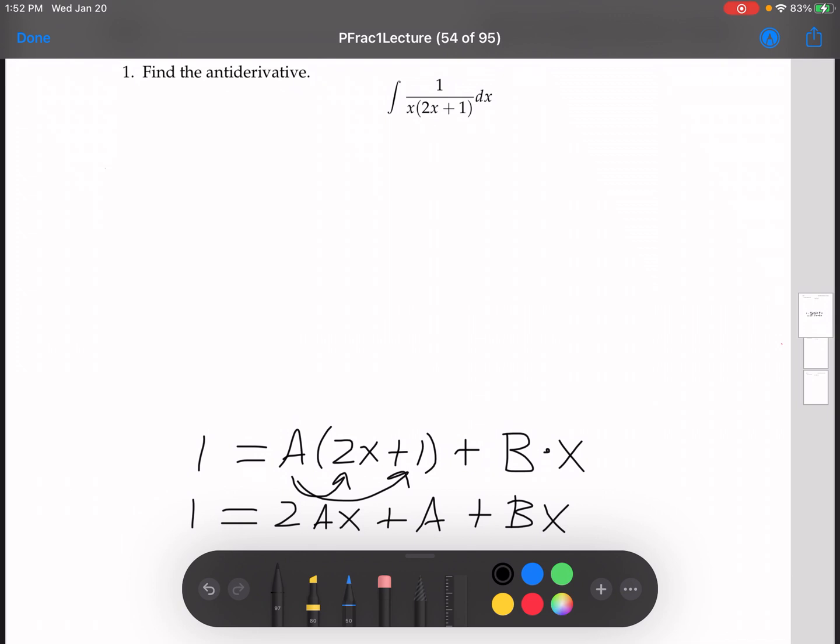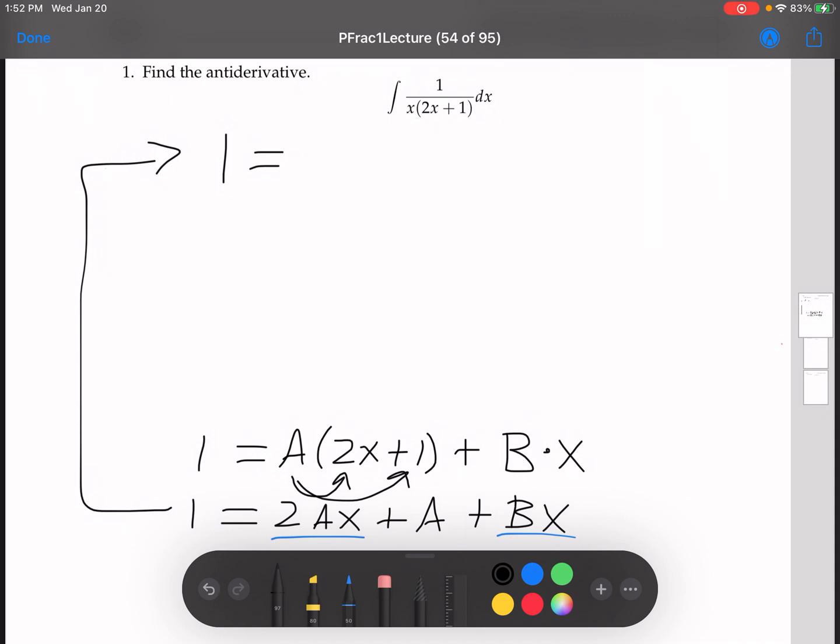All right, so do you see how that worked? I distributed the A to the 2x to give me 2Ax. I distributed the A to the 1 to give me A. So now going back up to the top here, we have 1 is equal to, okay, so now I'm going to collect all the things with x's together. So the things with x's are that and that.